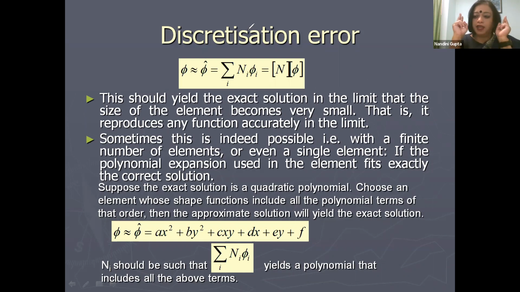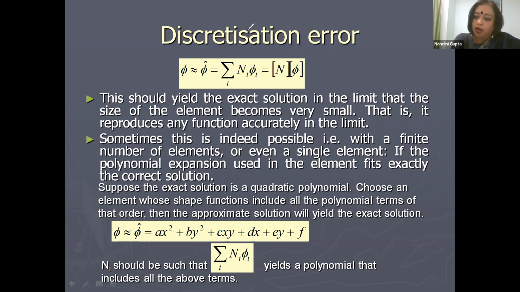So for example, even if you take one element and you have two boundary conditions to be met, there can be only one single line, one function which satisfies those conditions. Similarly, if you have a quadratic function and if you have three boundary conditions, 3 points, there can be only one function which satisfies those boundary conditions, and therefore you will be able to find the unique exact solution.